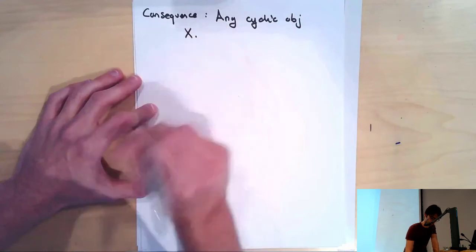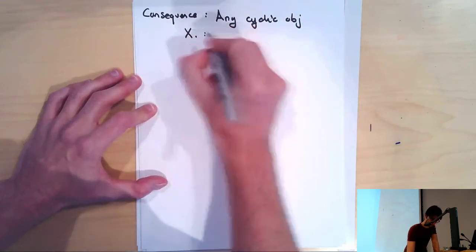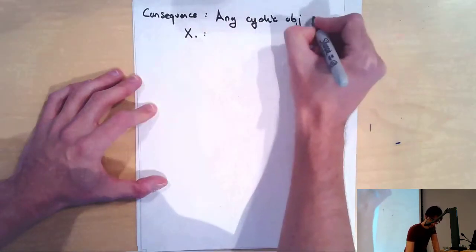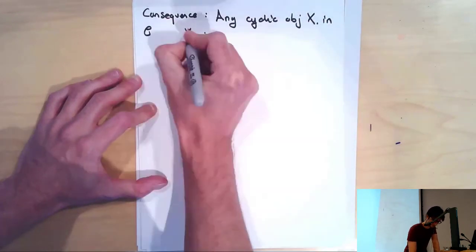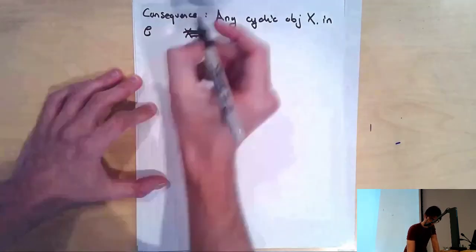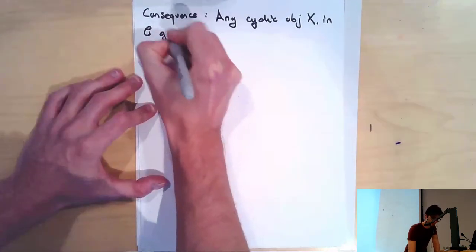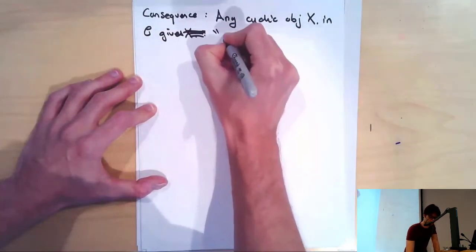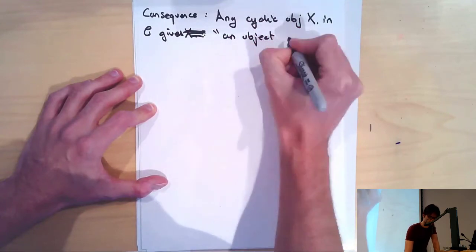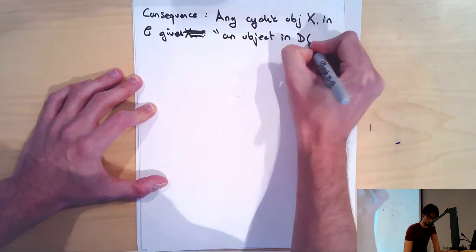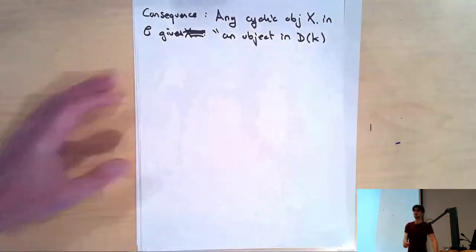So let's write this as x blob, cyclic object in C. What does it give me? So it gives us an object, well, it's even a complex, but let me write it a little bit more categorically. Let's say an object in the derived category of K.